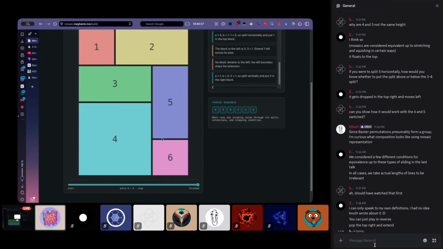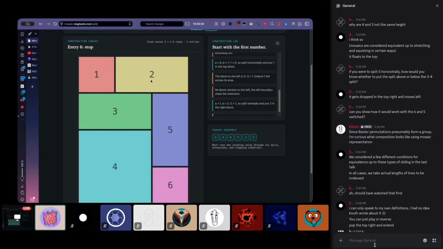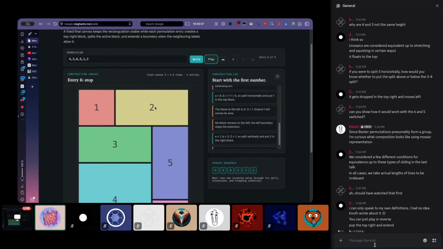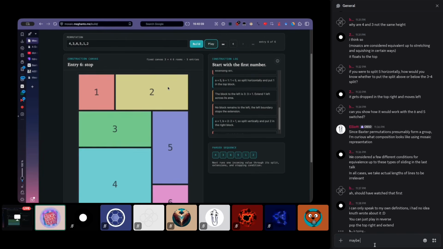Calculating all the left shifts and the downshifts in reverse, where we pop the top right and extend, is not the case, because if you pop two, then you extend one, and then you are saying pop one and then extend the 3 and 5.